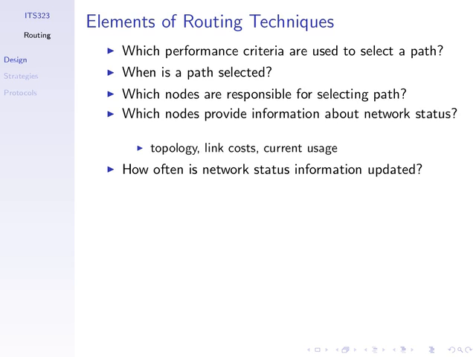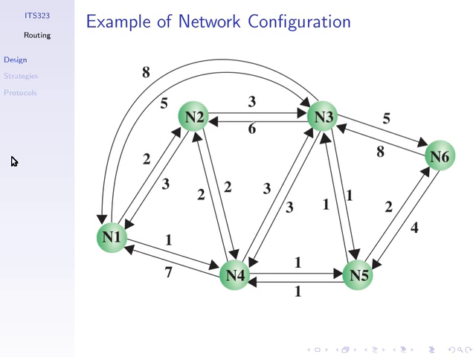Which nodes are responsible for selecting a path? We said that we need to know the path from N1 to N6. If node 1 needs to select that path, it needs to know the costs of all the links, and it needs to know about all the other links and all the other nodes.